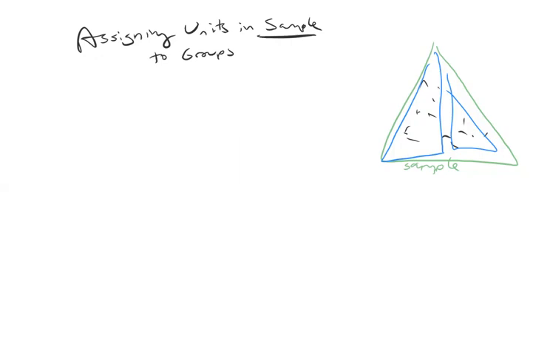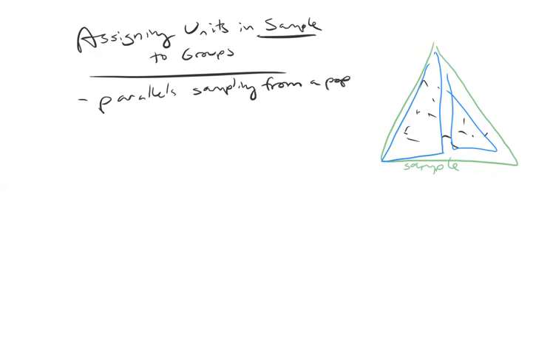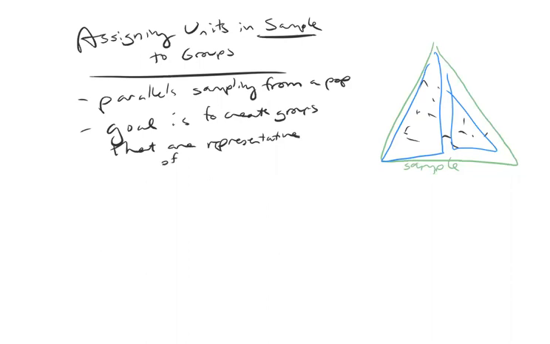Okay, so I'm going to say that this parallels sampling from a population, because the goal is to create groups that are representative of each other, right?